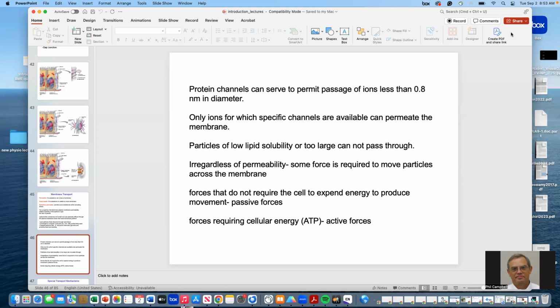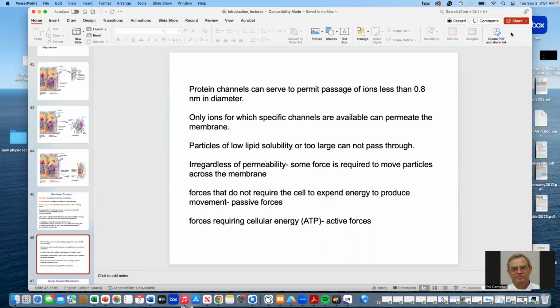We're going to talk about diffusion in a little bit, but basically if you have a higher concentration on the outside and a lower concentration on the inside, and the membrane is permeable, transport goes from higher to lower, from outside to inside. If we reverse that and say you have a higher concentration on the inside versus the outside, and it's permeable, the cell will lose those molecules.